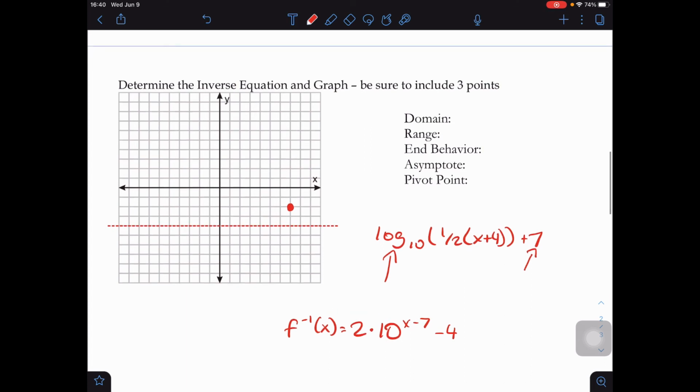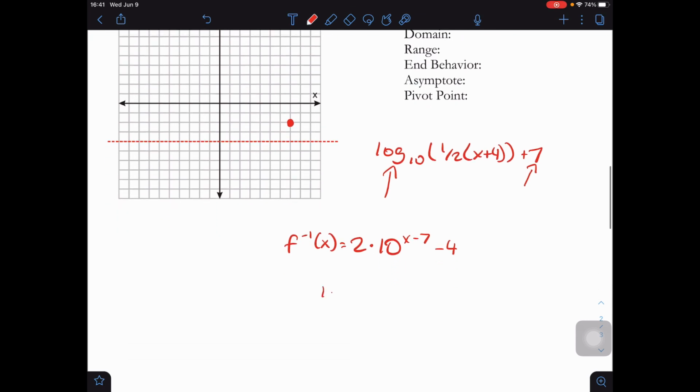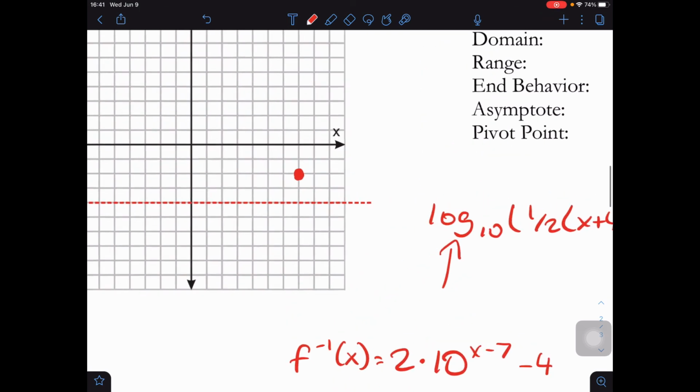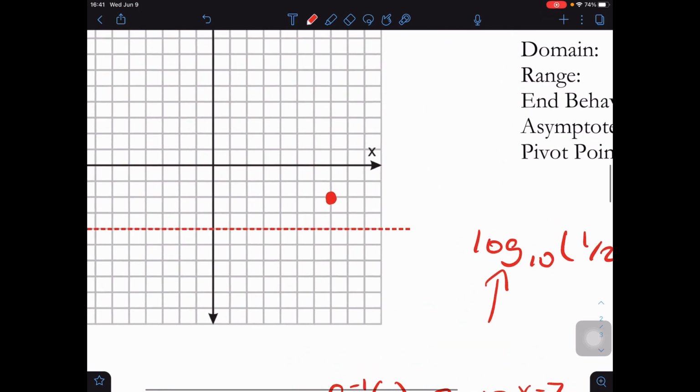Let's try 6 then. 6 minus 7 is negative 1. 10 to the negative first power is 1/10. 2 times 1/10 is 1/5. 1/5 minus 4, which is equal to 1/5 minus 20/5, would be negative 19/5. So that would be almost 4, but not quite.